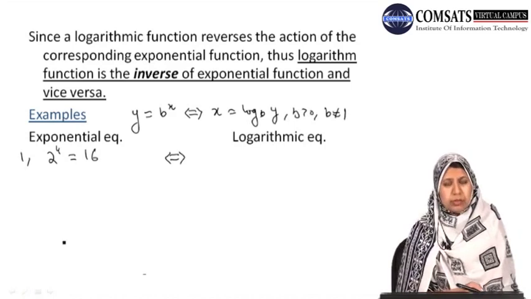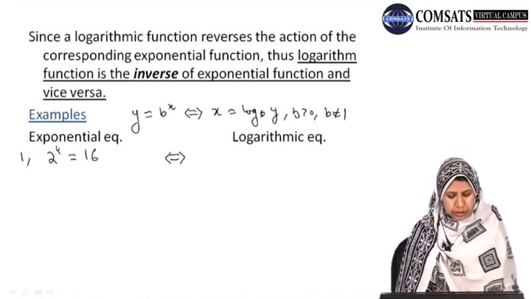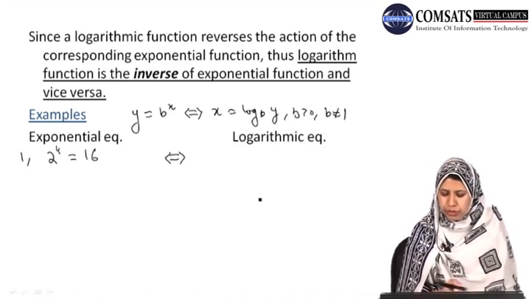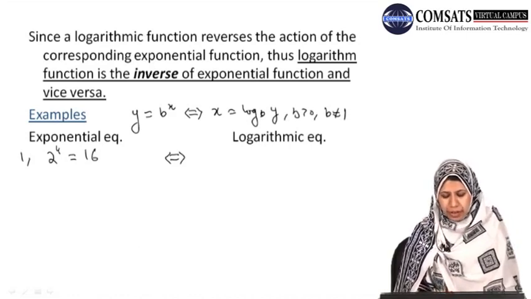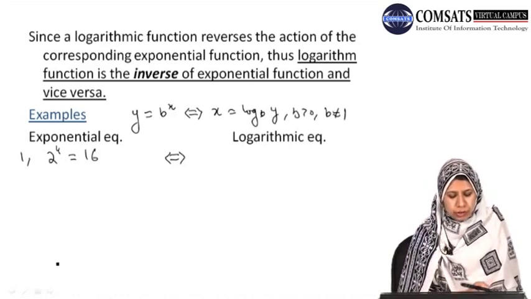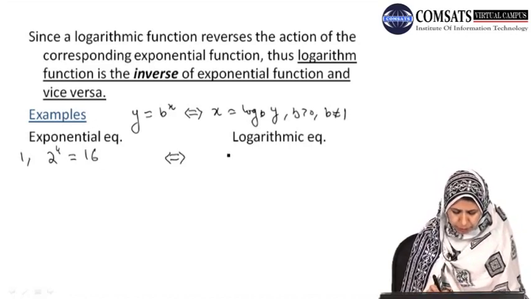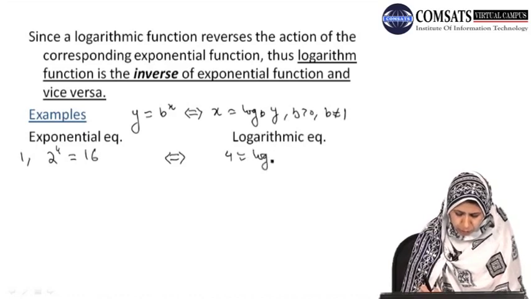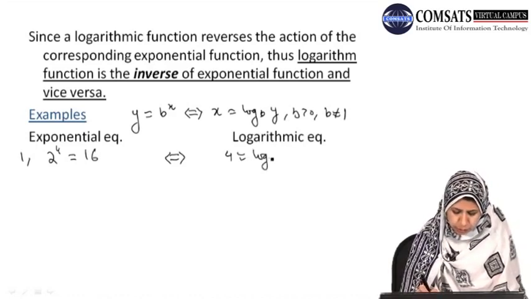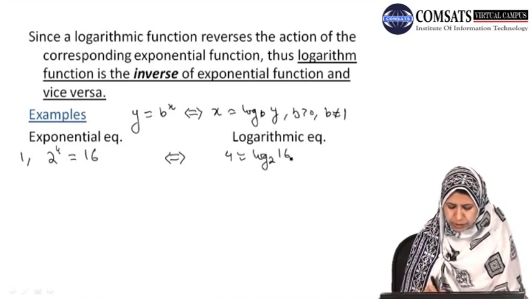So we are given an exponential equation, and with the help of this general formula we can write the equivalent logarithmic equation of this exponential equation as 4 is equal to log with base b equal to 2 of 16.